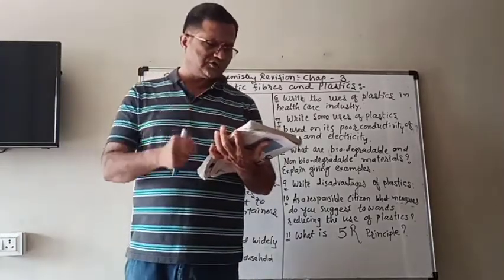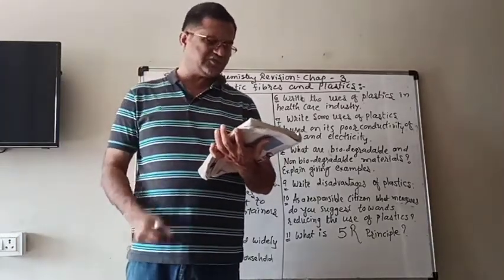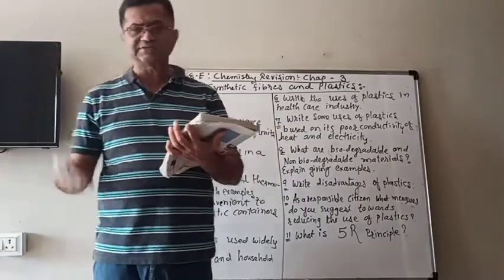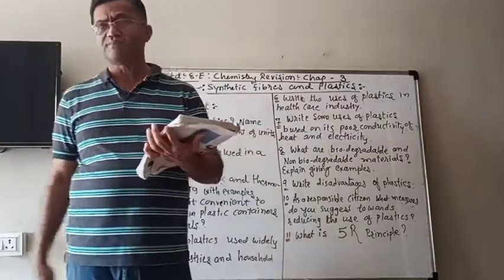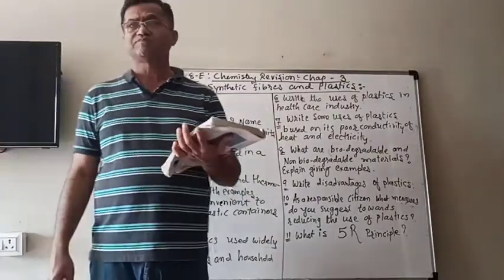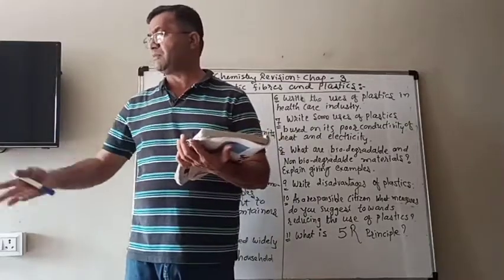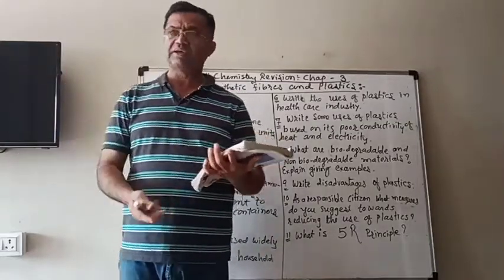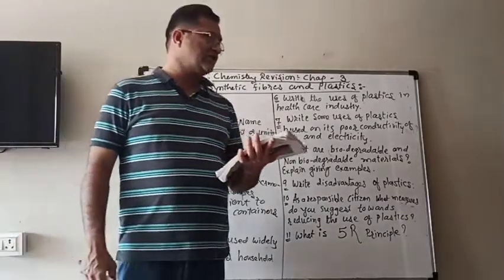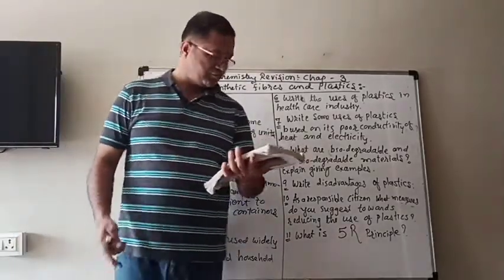So when you make the list, it will be a very big list, as I told you. You use the articles in slippers also, in furniture also. Many furnitures are available in plastic: the dining set, dining table, chairs, writing table and so many other objects we use are made from plastics.